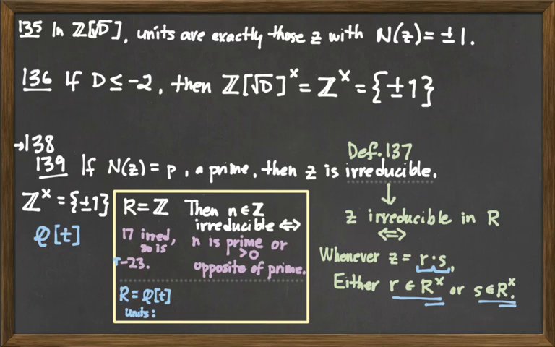And I think there was a problem in Chapter 1 that got to this idea. I think it may have even been on your homework. What are the units in a ring of polynomials over the rationals? Plus and minus 1.